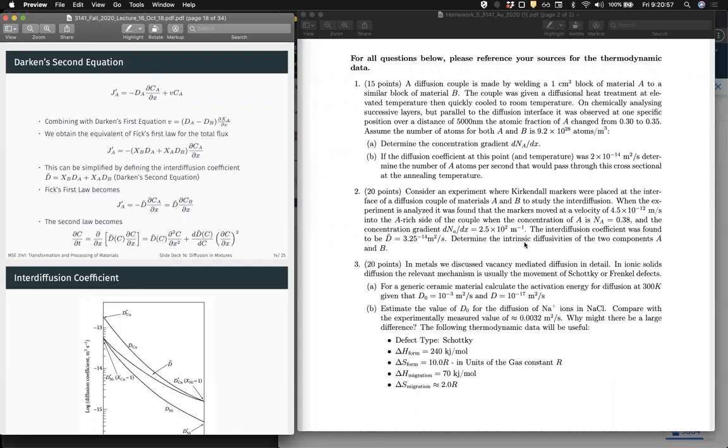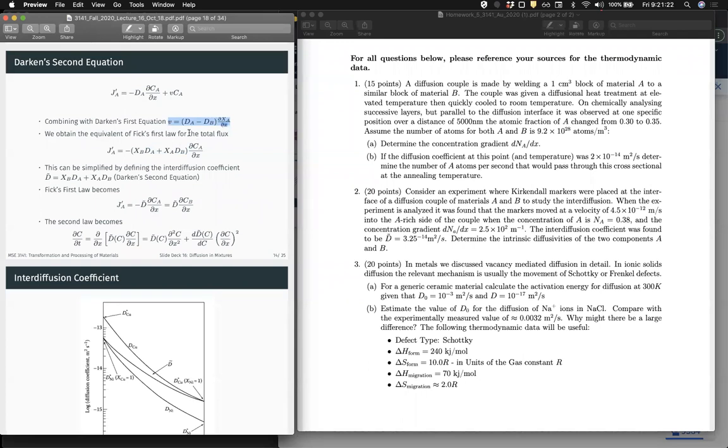And it's basically just asking you to find the intrinsic diffusivities, right? So we know that this is the velocity, right?